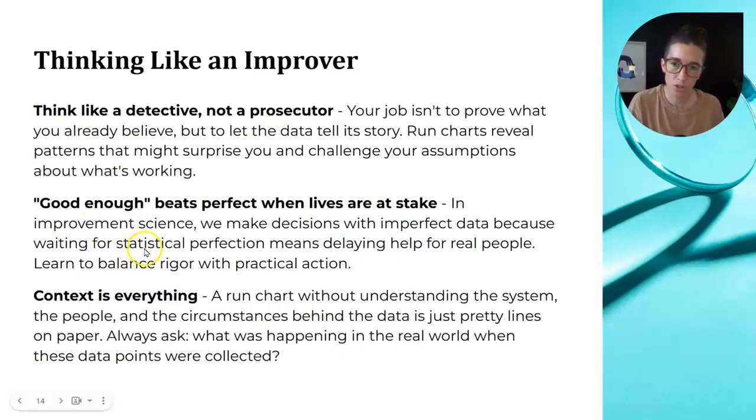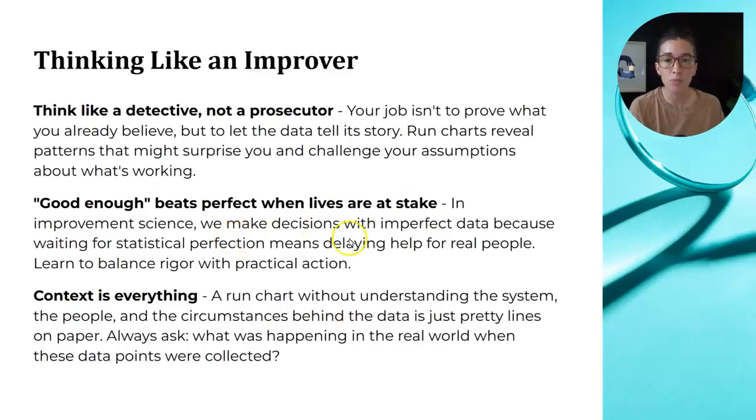Here with run chart analysis with an improvement science lens, when we're engaging in small scale projects in particular, good enough beats perfect when lives are at stake, or good enough beats perfect when our goal is really just to work collaboratively with other people and maybe help to improve our context or our organization in certain ways.